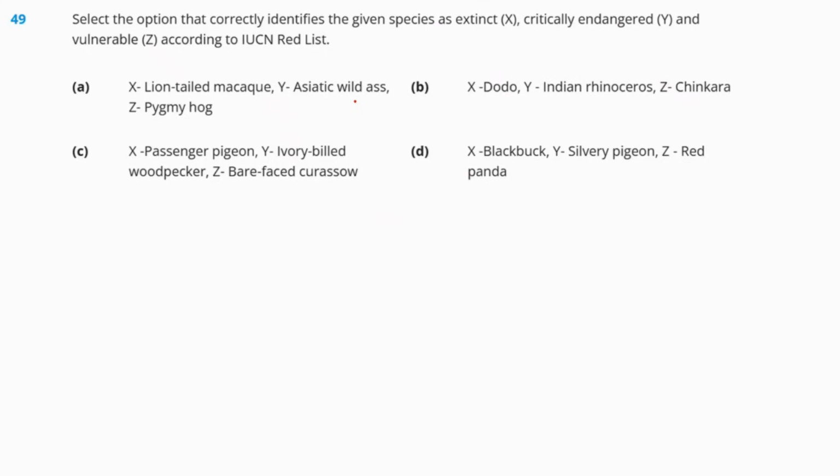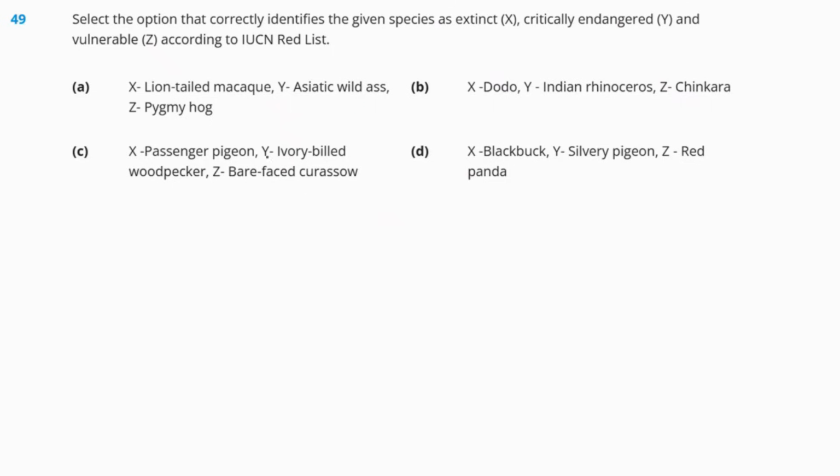Extinct are the species that no longer exist. Critically endangered are the species that are at extremely high risk of extinction. And vulnerable are the species that are at high risk of endangerment in the wild. Okay. So coming to the options one by one, I will see.